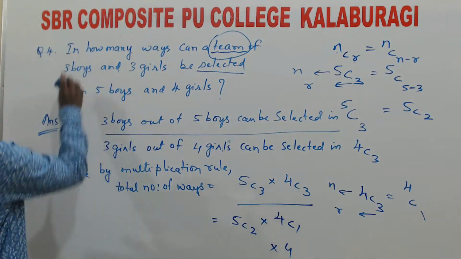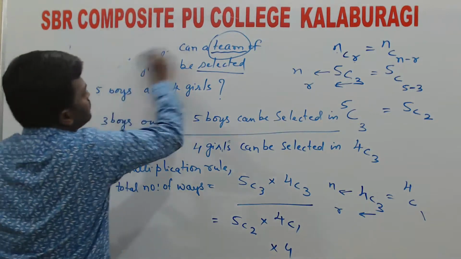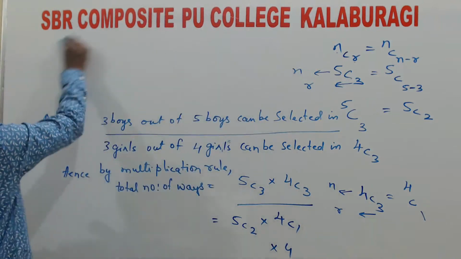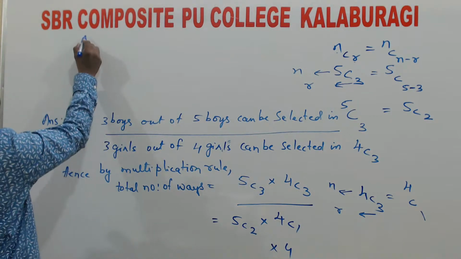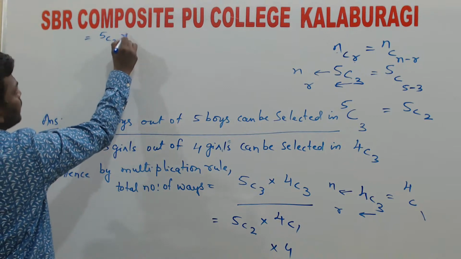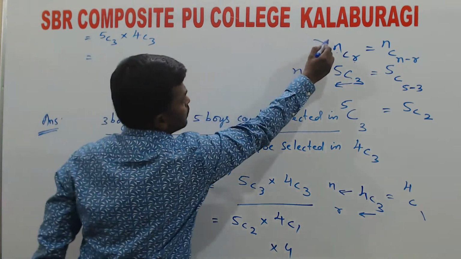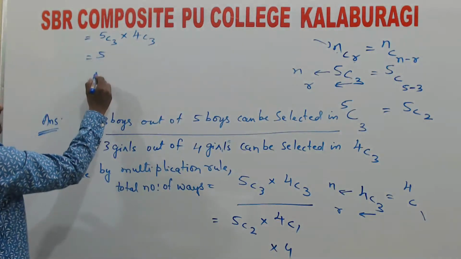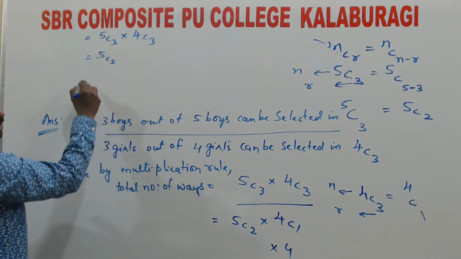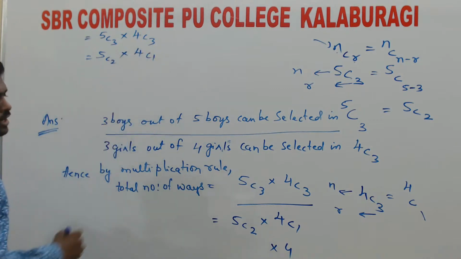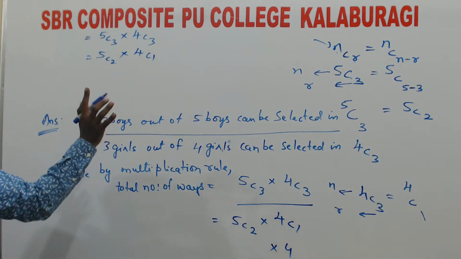So now, what was 5C3 into 4C3? Using the property, 5C3 I tweaked to 5C2 and 4C3 I have changed to 4C1, using properties only.